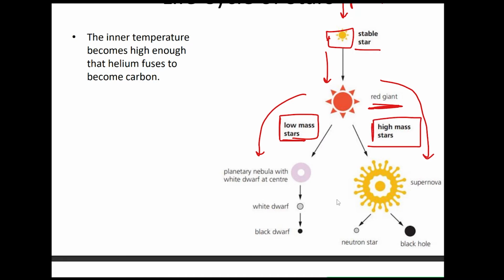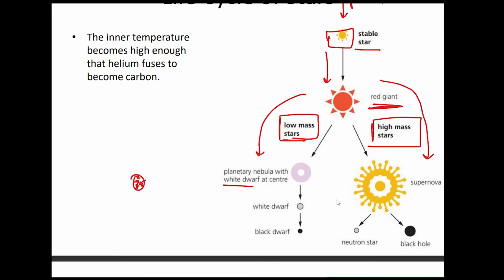Okay, so what happens is that if it was a low mass star, the next stage it will experience will be a planetary nebula, with a white dwarf at the center. Why do we find a white dwarf? Because whatever hydrogen is left, even that collapses under its own weight, and as a result of all of that, it glows very brightly. So that is generally known as a white dwarf.